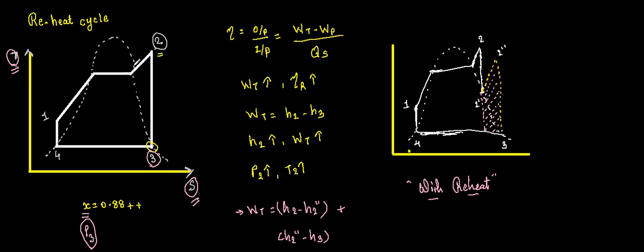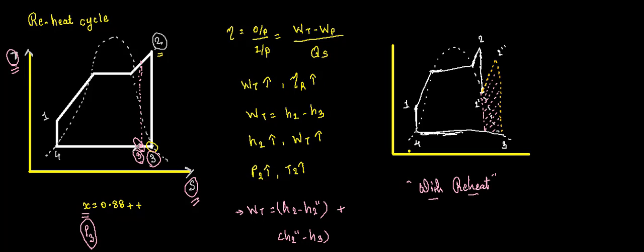But suppose point number 2 is existing here. At that time point number 3 will lie at this place and will have some amount of liquid particles, or we can say water vapor particles, present in it.